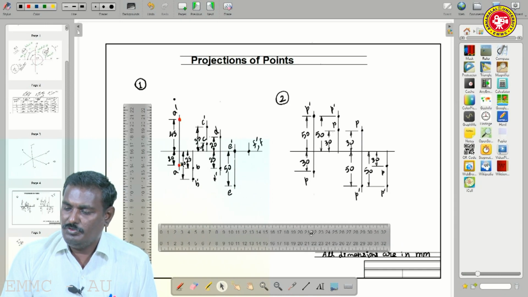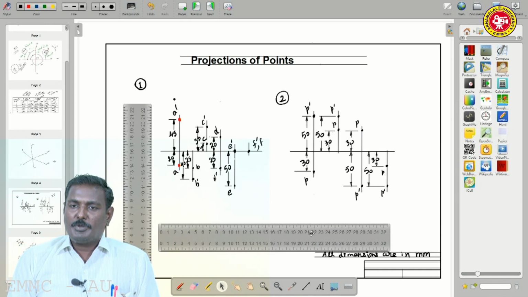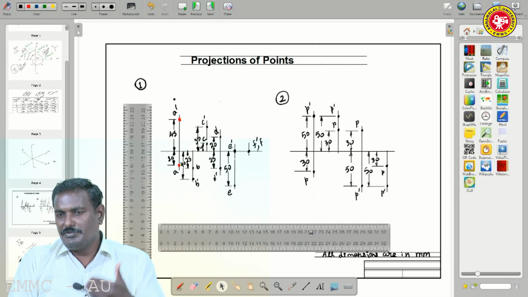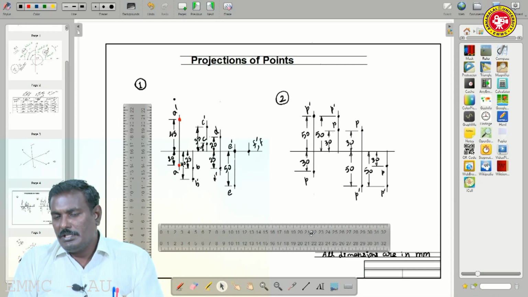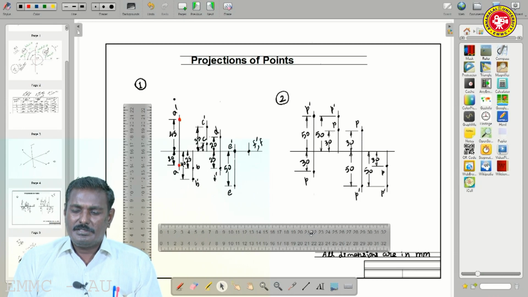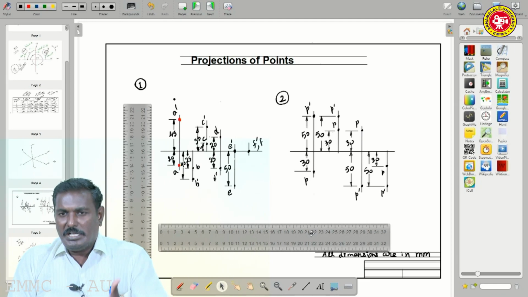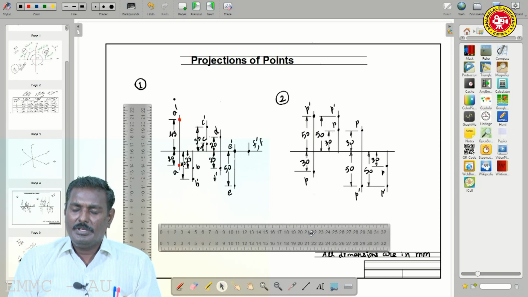This is the way to generate the projection of points for initial basics. To initiate the projection theory as well as further for solids, this type of problem is enough for learning purposes. When we come to straight lines, many problems are there, and we have to see how to construct and project them.